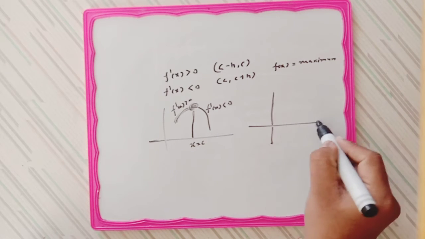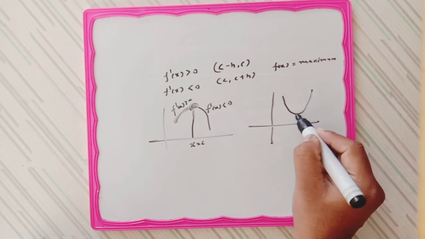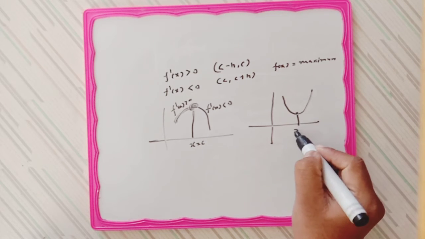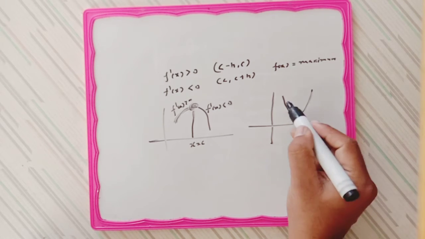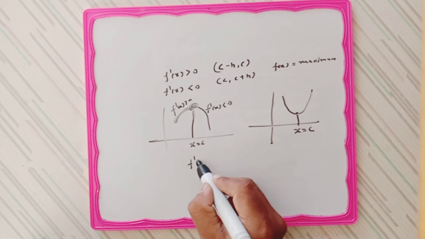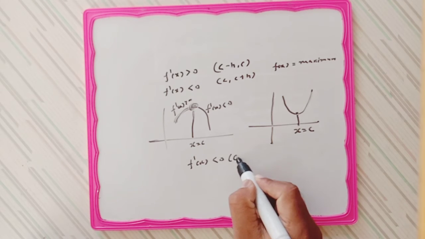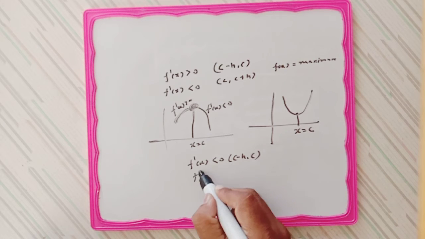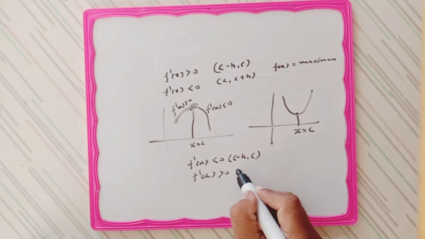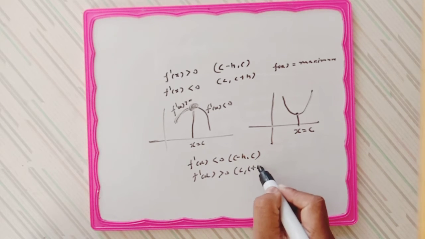And similarly when we go in the function, when at x equals c it is the minimum, then we have studied f dash x is less than 0 in c minus h to c, and f dash x is greater than 0 in c to c plus h.